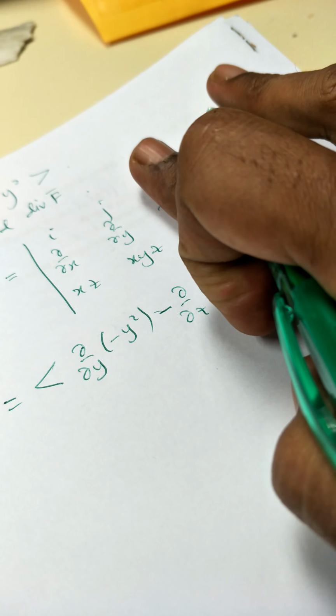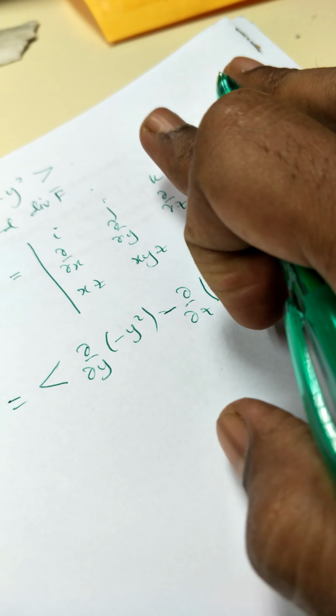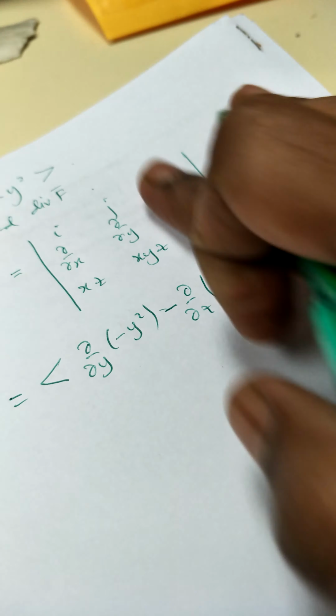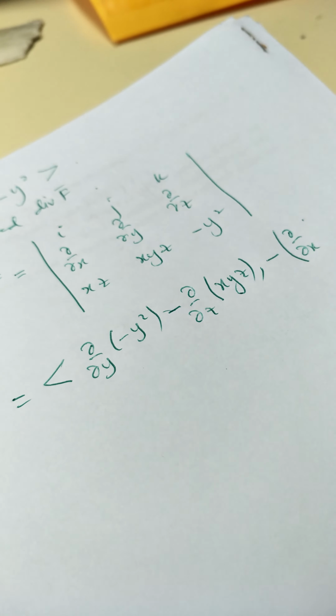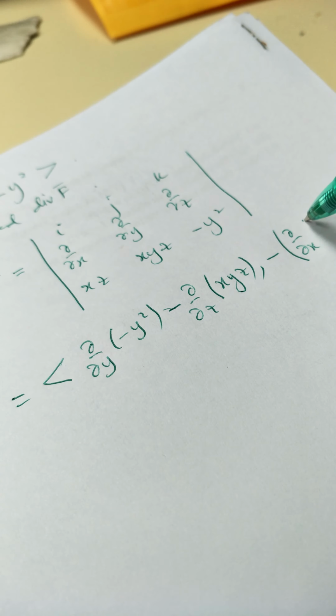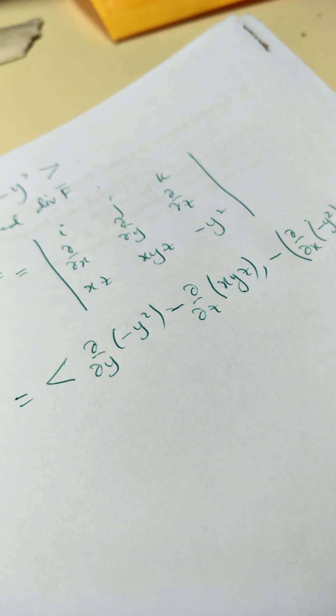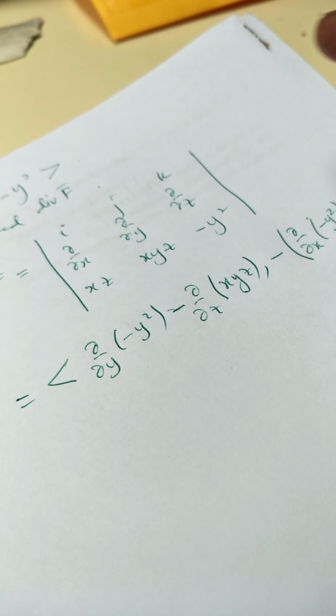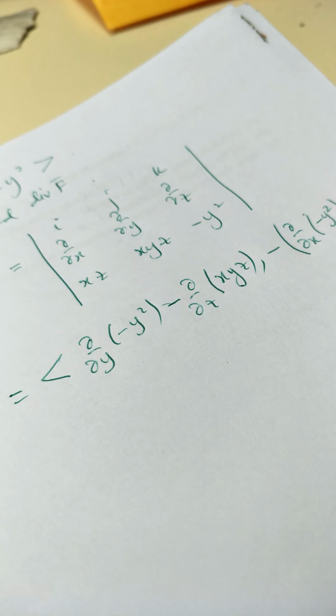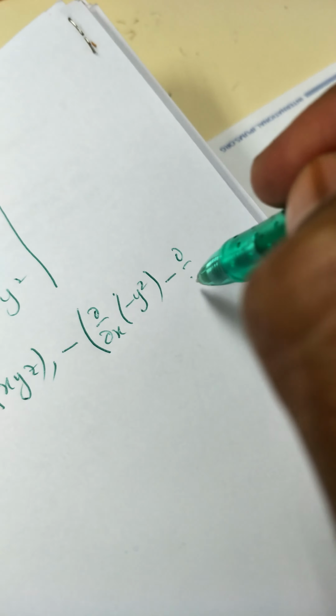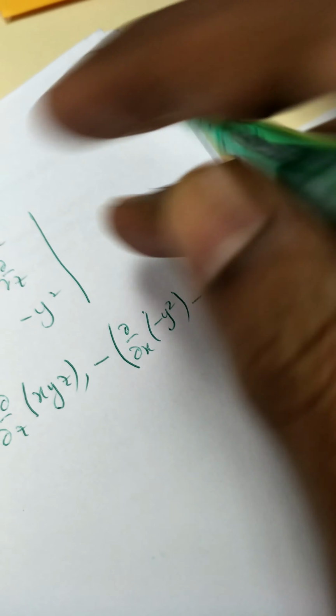Oh, this is wrong. Yeah, correct. So for j, this del x of negative y squared minus del z of xz.